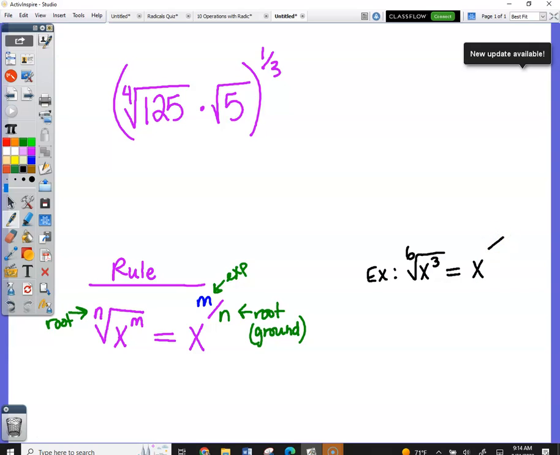What's the root? Goes in the bottom. Roots grow in the ground. And what's the exponent? 3. And what do you notice about 3 over 6? That reduces to 1/2. And what is 1/2 in an exponent's place? The square root of x.